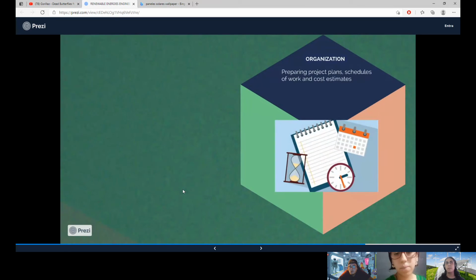Well, next we have the organization. As we can see in the text, it says preparing project plans, schedules of work, and cost estimates. Okay, when we talk about the organization, we talk about improving, optimizing, and all that kind of things. Sorry, in the installation of the solar and the wind power generation systems.